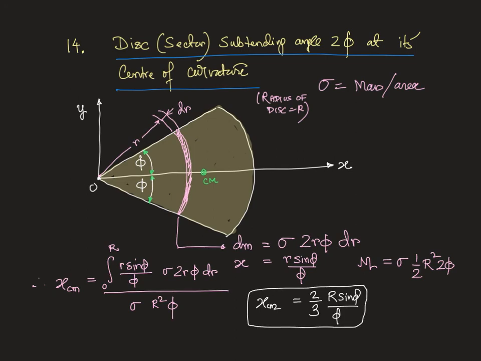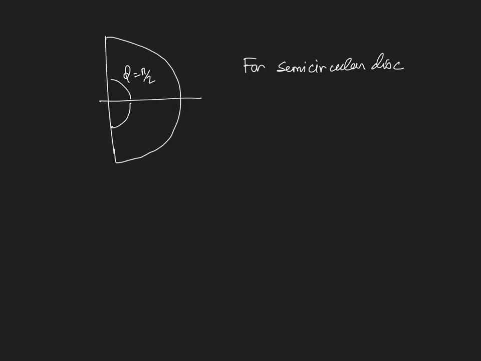Now you can check it for the semicircular disc. For a semicircular disc, what will be the value of phi? phi will be equal to pi by 2. Special case. And that result was 4R by 3 pi. We can verify that.